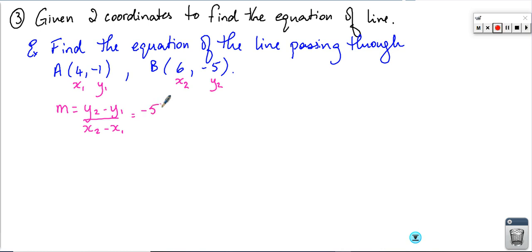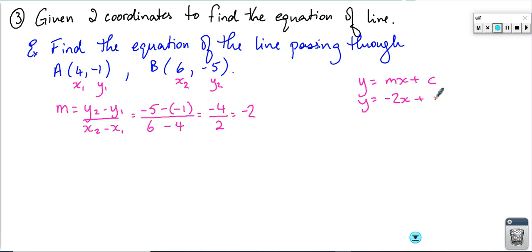That's minus 5 minus 1 on 6 minus 4. There we have minus 4 on 2, which is minus 2. And we have found the gradient. So the equation y equals mx plus c is partially worked out. Y equals minus 2x plus c. Now we need to find c.